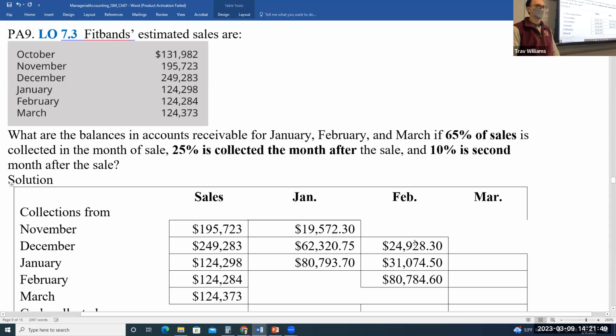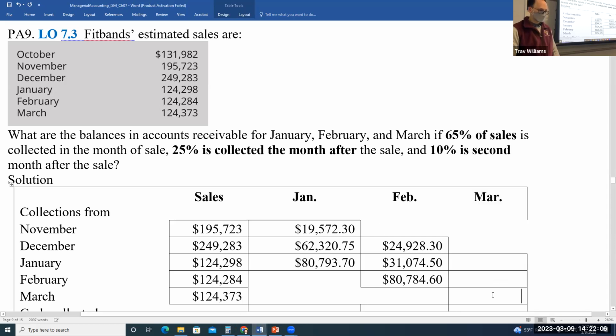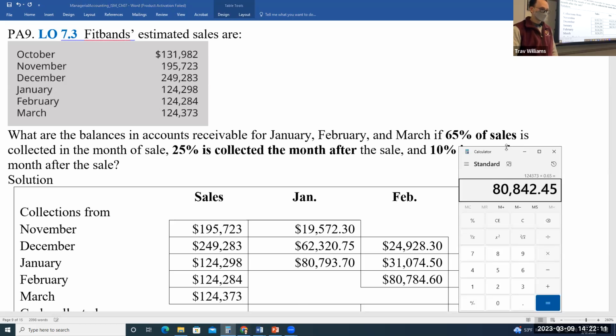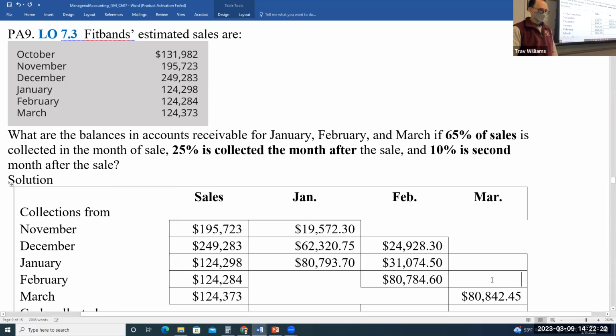This making sense to everybody? Tedious, but time consuming. Okay, and then March, we collect 65% of March. 25% of February. And 10% of January.